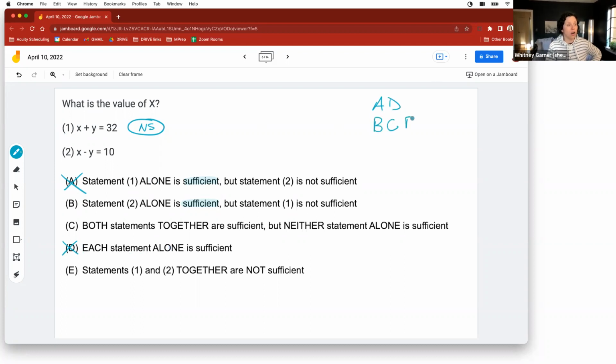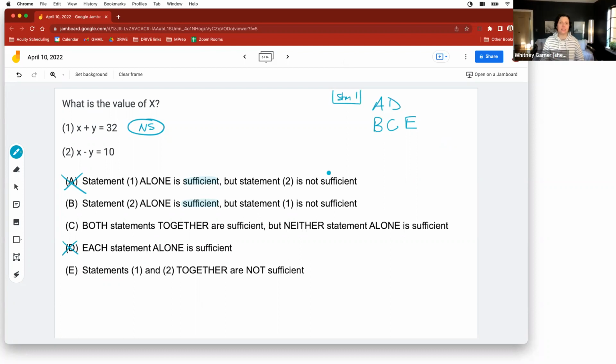So I'm drawing on the board what we call an elimination grid. An elimination grid is where we organize answer choices in two lines based on whether a statement is or is not sufficient. And this is what we'll call a statement one grid.